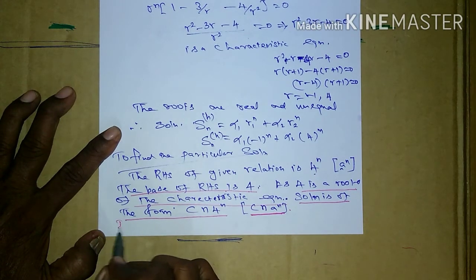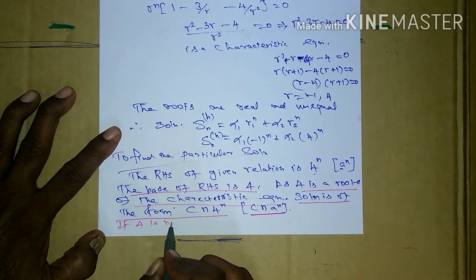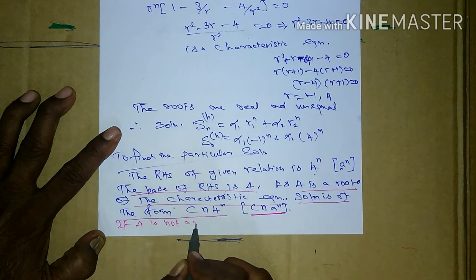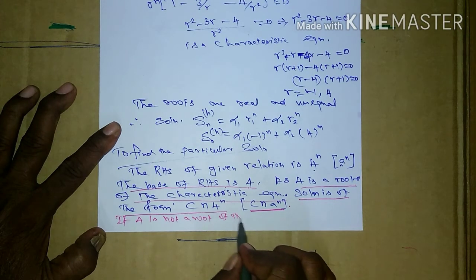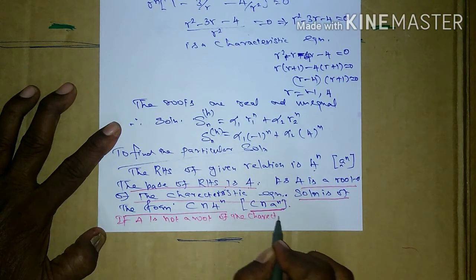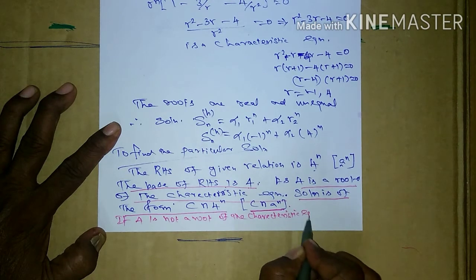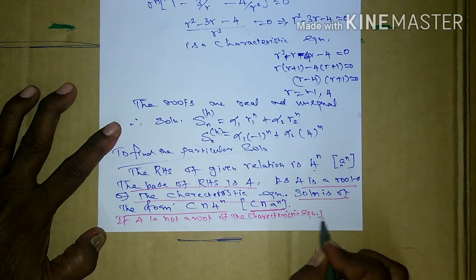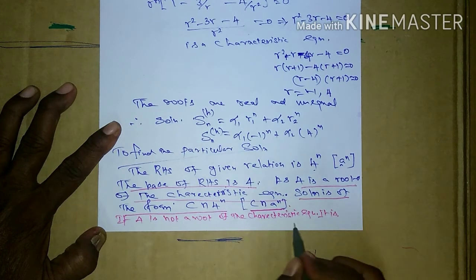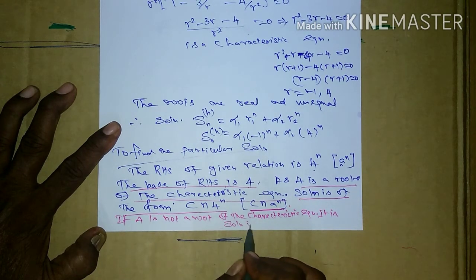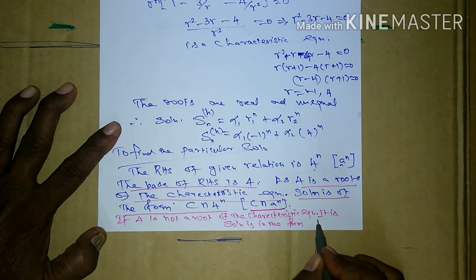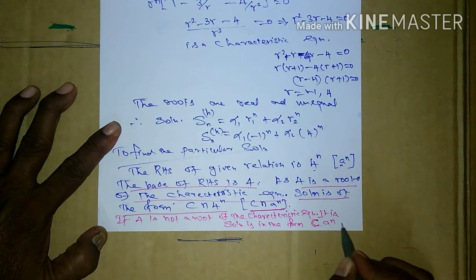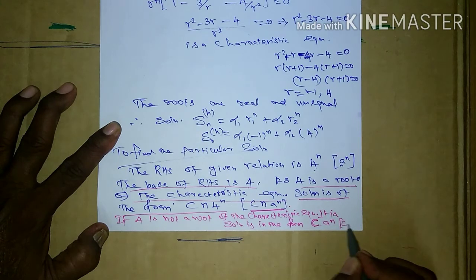If 4 is not a root of the characteristic equation, the solution is in the form C a power n, or we can write it as C 4 power n.